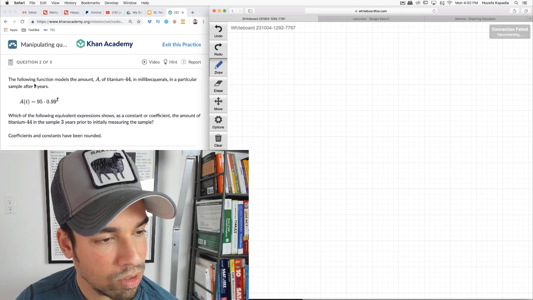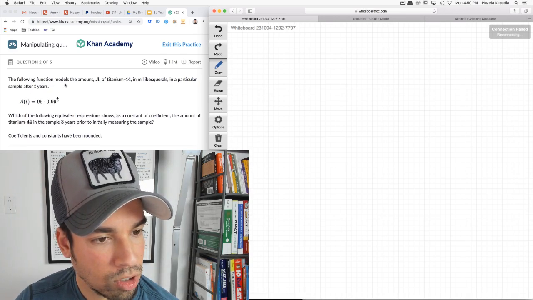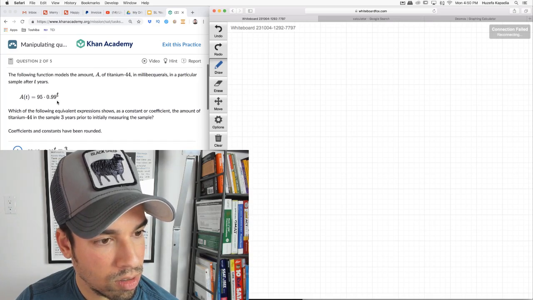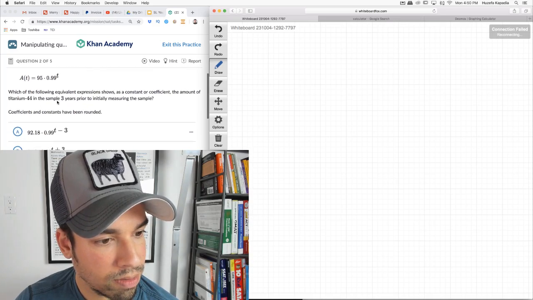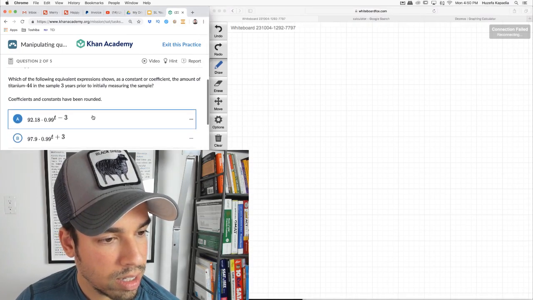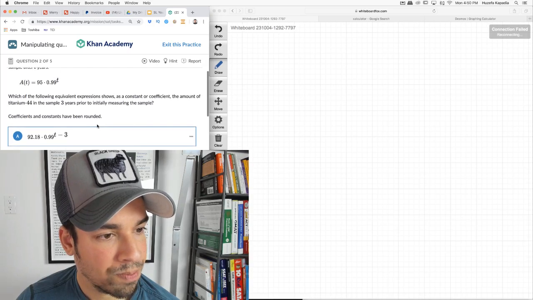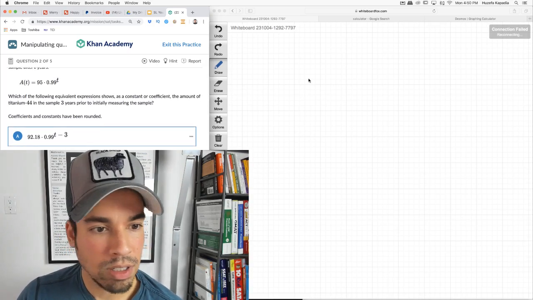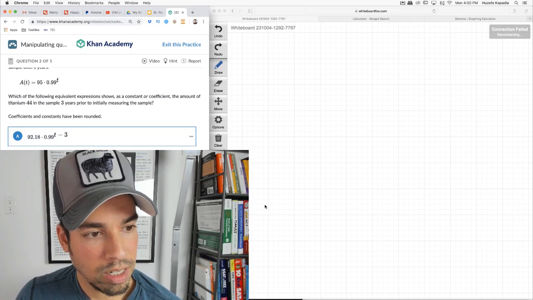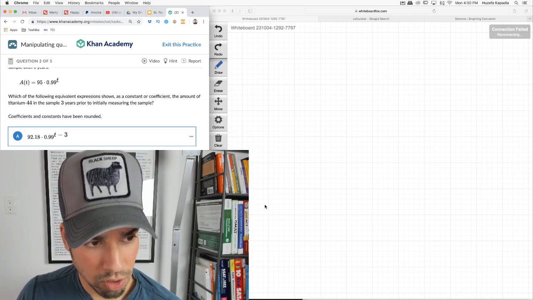Hold on, let me think about this for a second. So after T years, I think it's this. I think that's 3 years prior, because at T equals 1, that's 1 year after. T equals 2 is 2 years, so on and so forth.